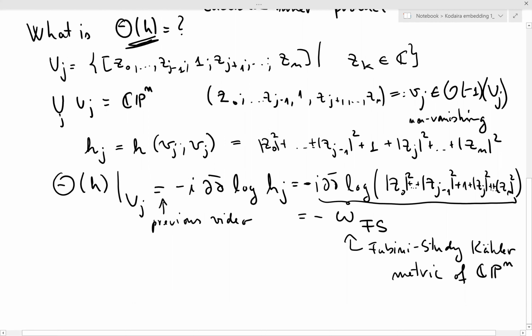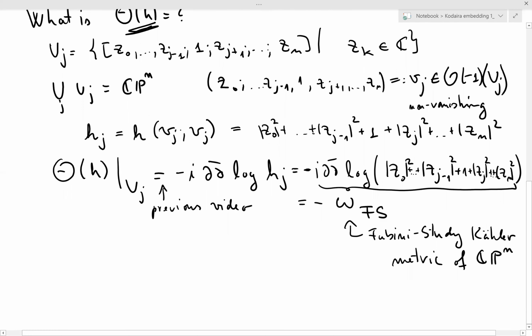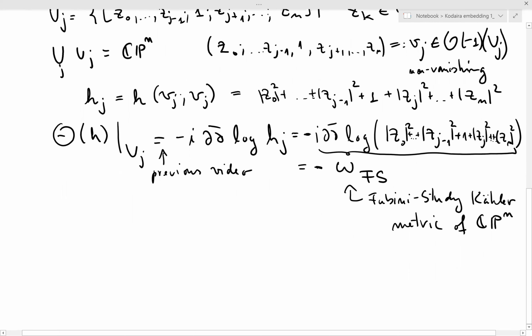But if you recall some facts about line bundles, you know how to make a positive sign out of this negative sign. Namely, you take the dual line bundle, which by definition we can call O(1).